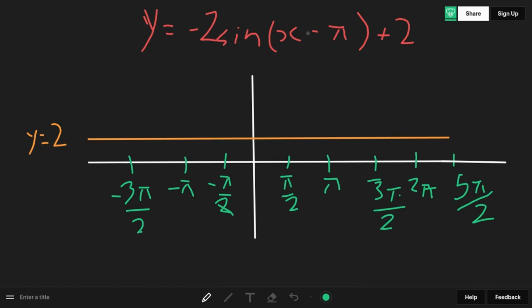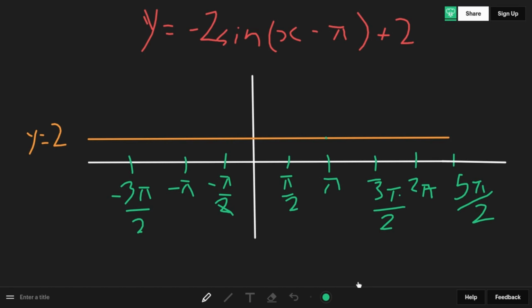Alright, so first off we see that it's x minus pi, meaning it's going to be shifted by pi units to the right. So we have a point here. Also, since our amplitude is 2 but it's negative, that means we're going to go down 2, then later we'll go up by 2, since that's what the amplitude tells us.